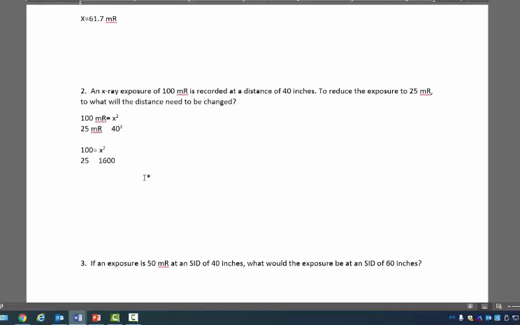Now we can go ahead and cross multiply. So we get 25X squared equals 1600 times 100 gives you 160,000.